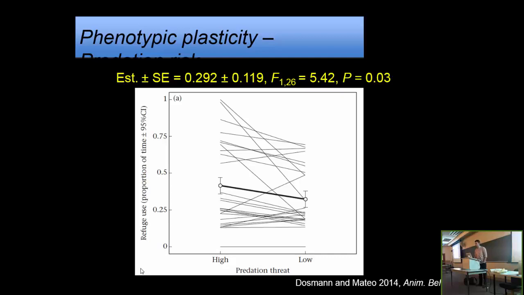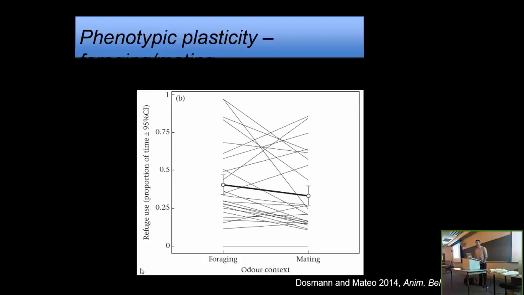Looking at the other environmental variable just by itself, comparing their anti-predator behavior, their refuge use in a foraging context versus a mating context, you see that there's a significant fixed effect, but once again, very substantial between individual differences, showing personality in this trait.